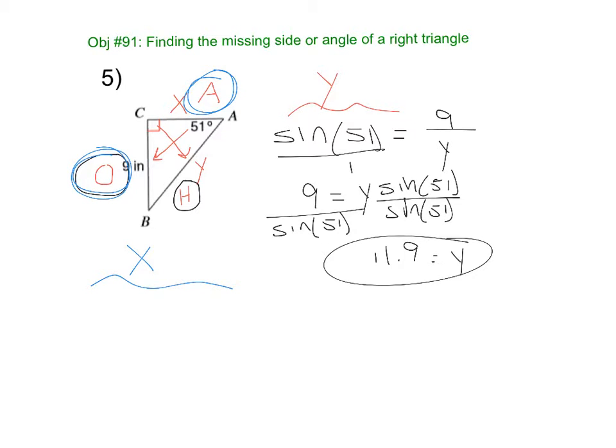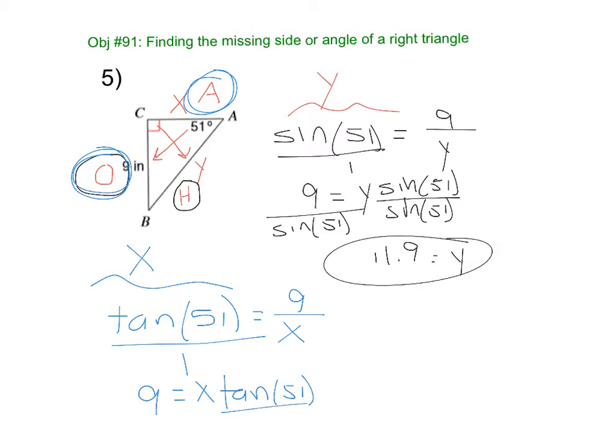A and O is tan, TOA, tan of the angle equals opposite over adjacent. Cross multiply. 9 equals X tan of 51. Divide by tan of 51. X equals 9 divided by tan of 51. And I got 7.3.